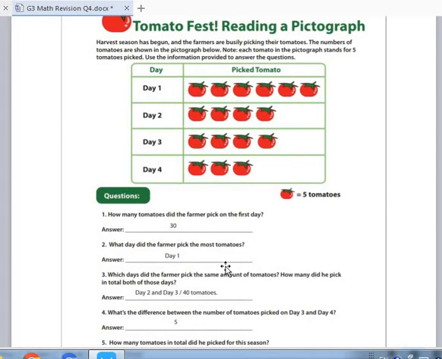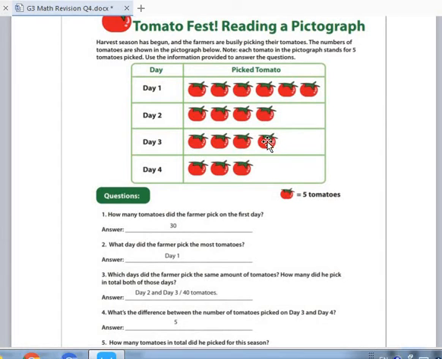Which days did the farmer pick the same amount of tomatoes? How many did he pick in total on both of those days? So here, day 2 is the same as day 3.